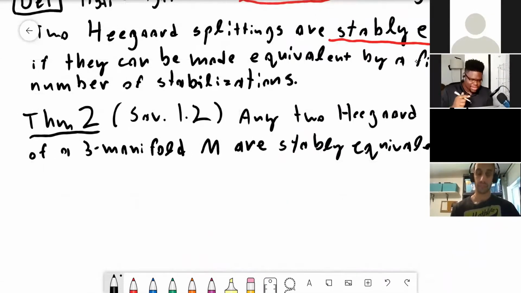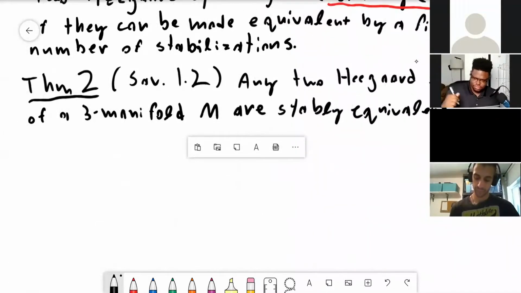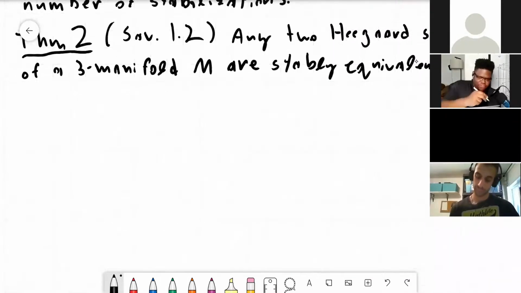So why is this true? This is going to follow from two lemmas.